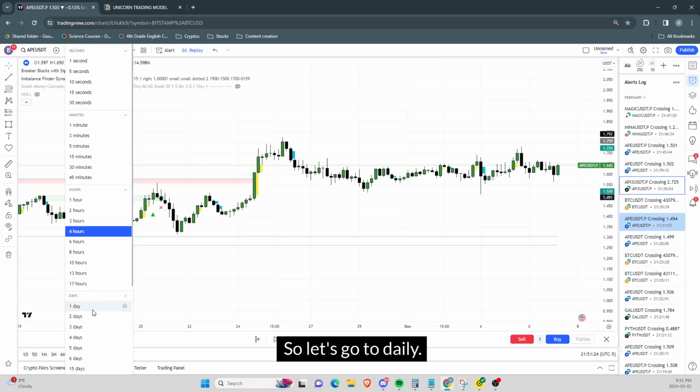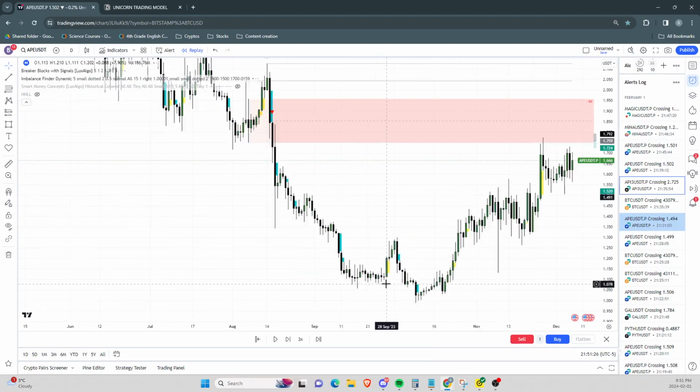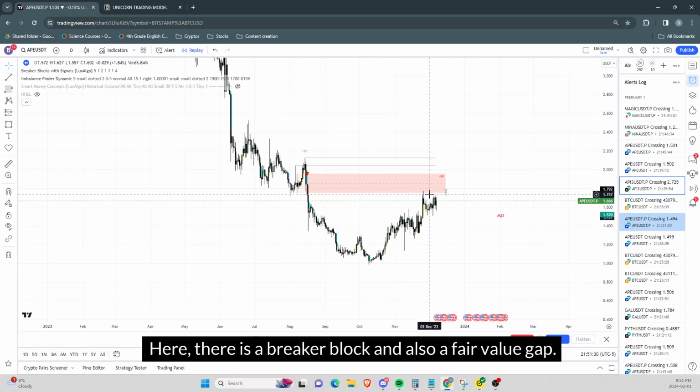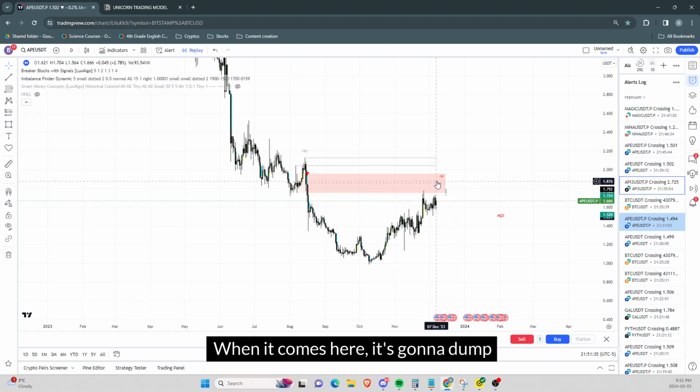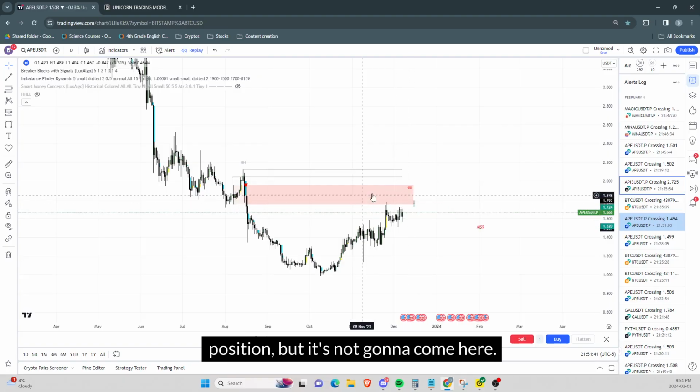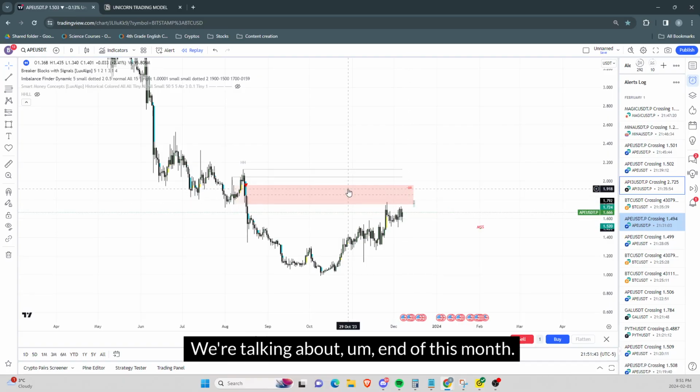So let's go to daily. Yeah, here there is a breaker block and also a fair value gap. When it comes here, it's gonna dump harder, right? When is it gonna come? Right now we are in a short position, but it's not gonna come here. We're talking about the end of this month.